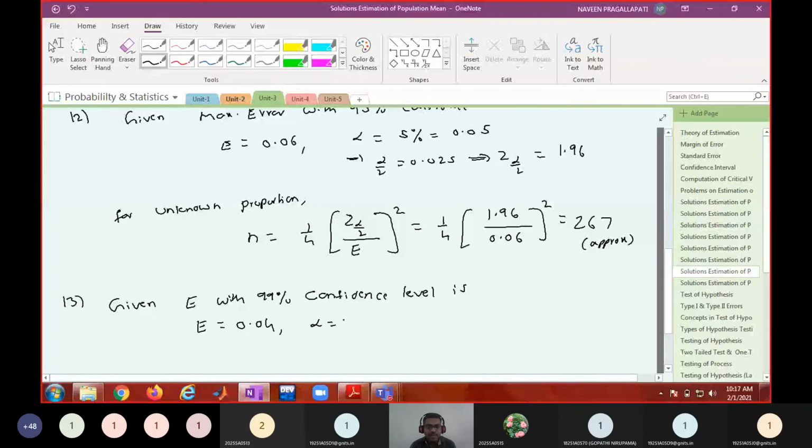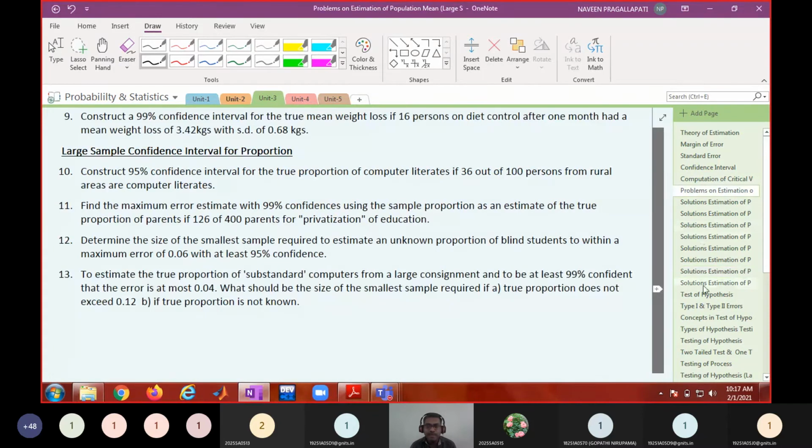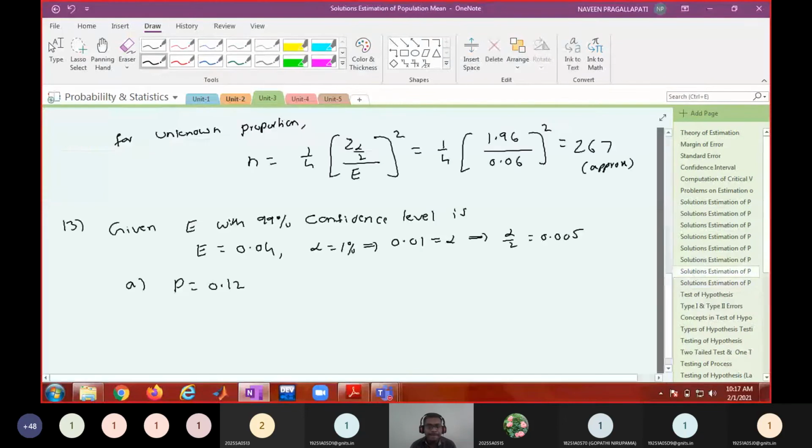So alpha equal to 1%, which implies alpha equal to 0.01, and alpha by 2 equal to 0.005. For the A part, the true proportion equal to 0.12. So Q equal to 1 minus P equal to 1 minus 0.12 equal to 0.88.